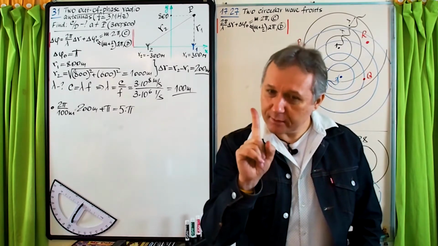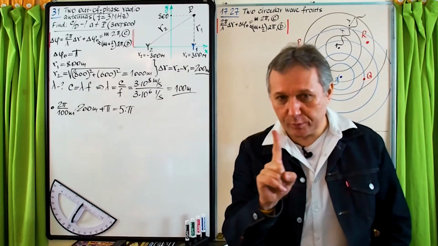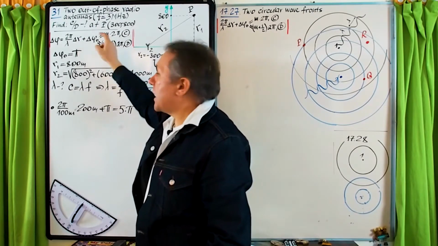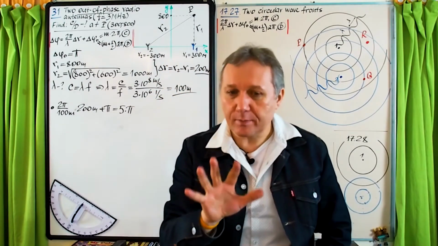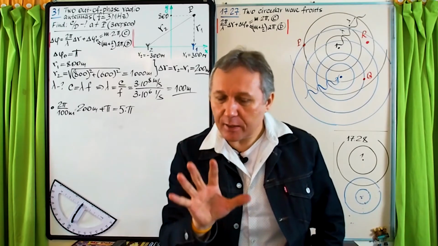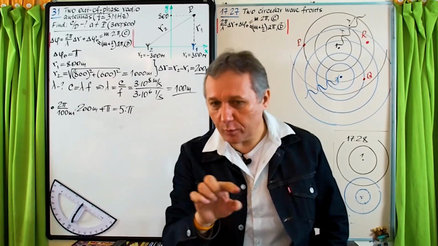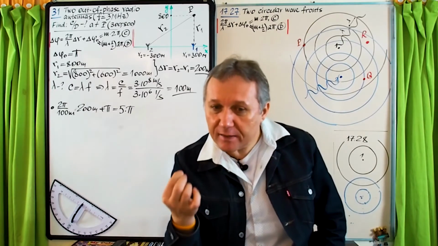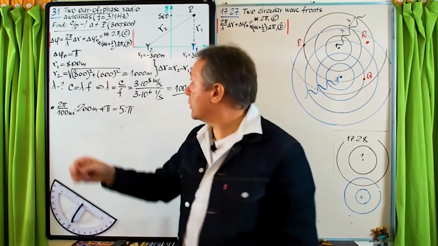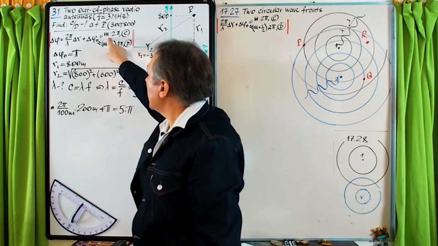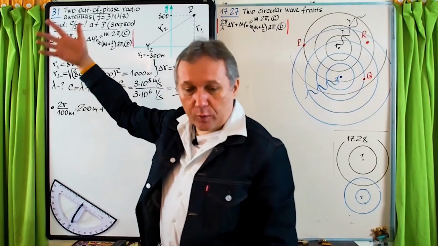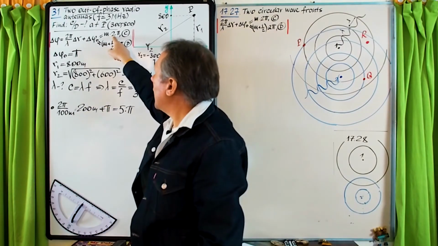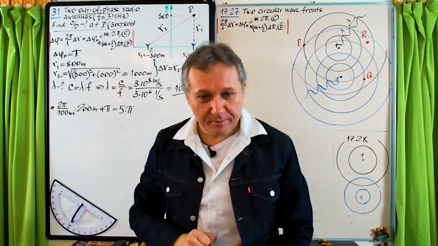But let's analyze. Be careful at this point. Look, for constructive interference, we have pi times 2 times an integer. It doesn't matter which integer you have, odd or even. If you multiply it by 2, you're going to get, of course, an even number. You can have, for example, 2 pi, 4 pi, and so on. Every time for constructive interference, this must be an even number times pi.